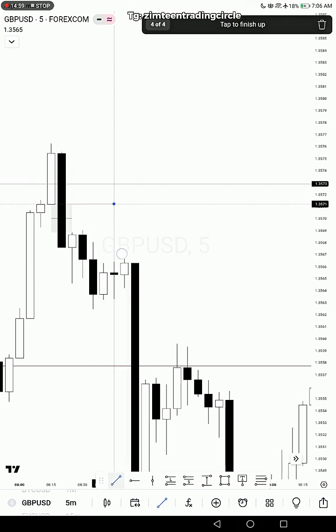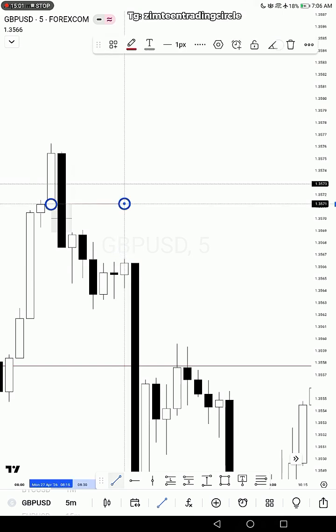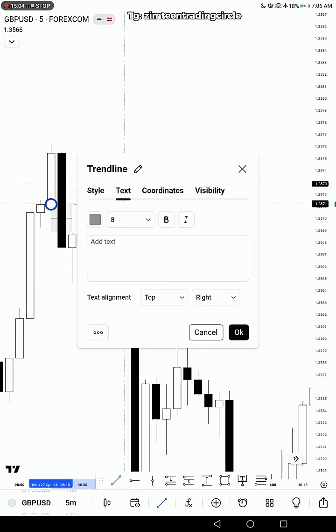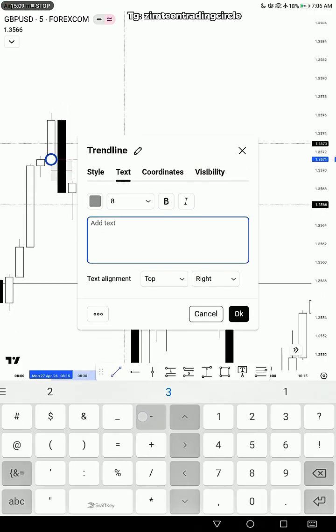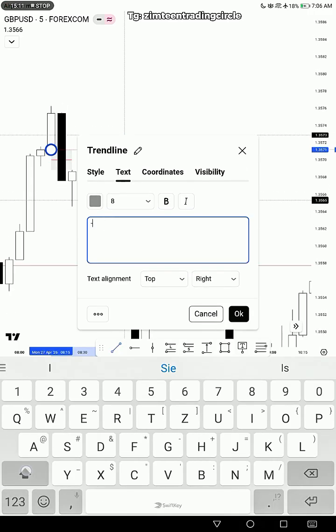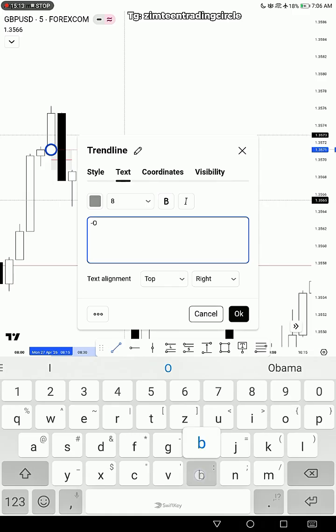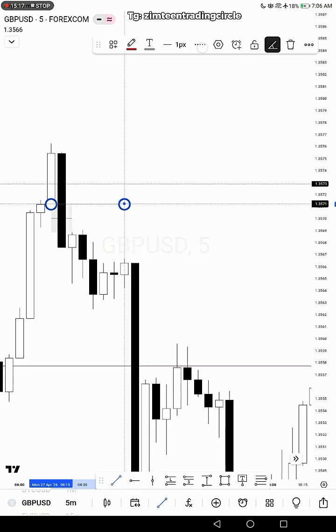You just keep it like this and write bearish order block.